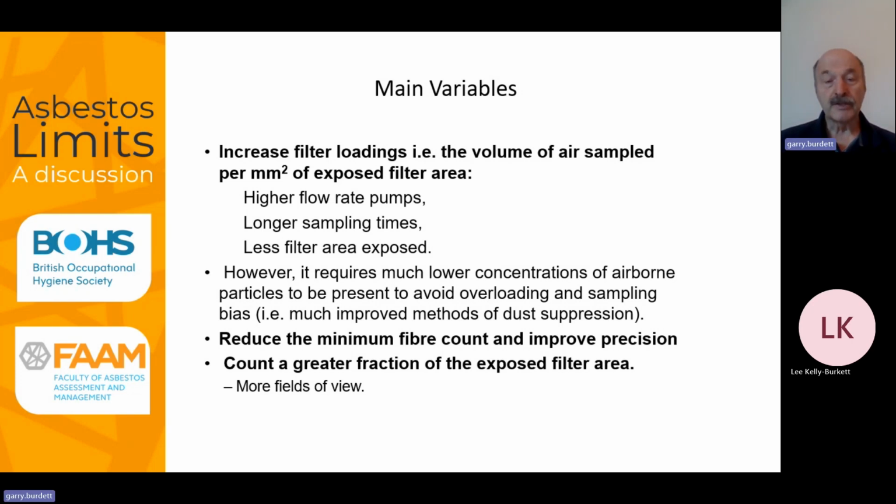We could also reduce the minimum fibre count and improve the precision. Martin Harper is speaking next about this. Or we can count more of the filter area, and this is normally done by counting more fields of view.